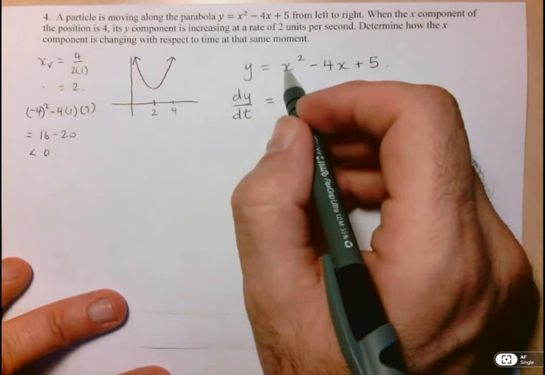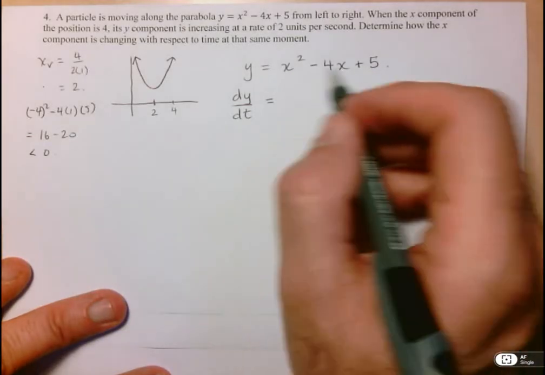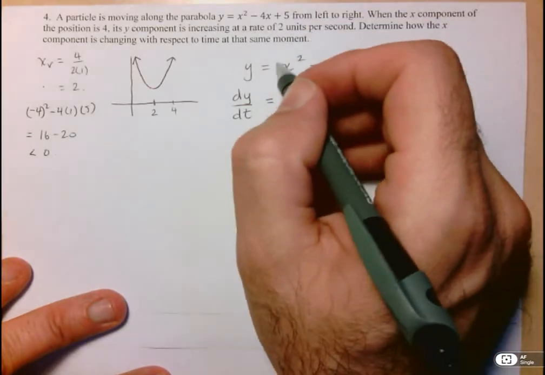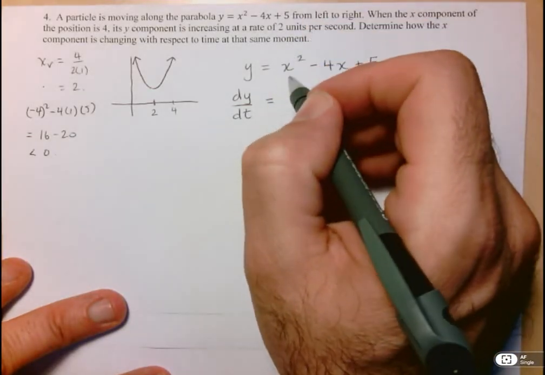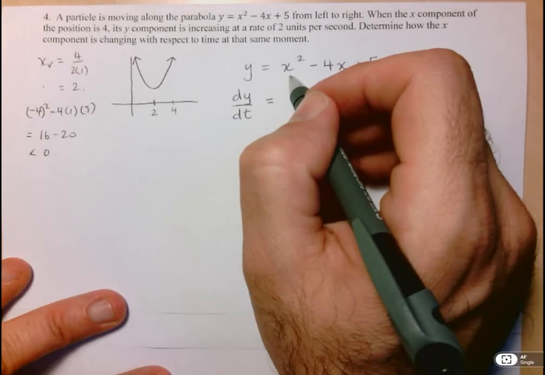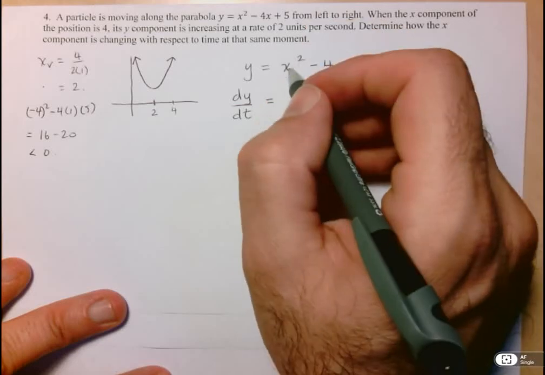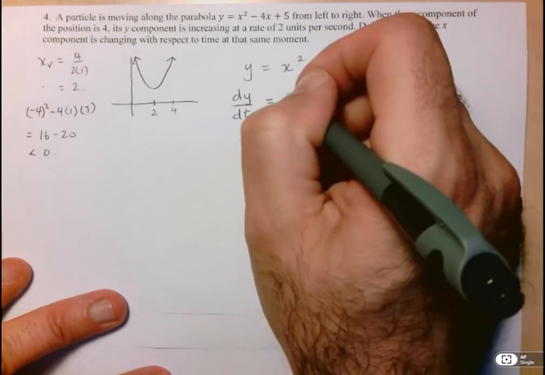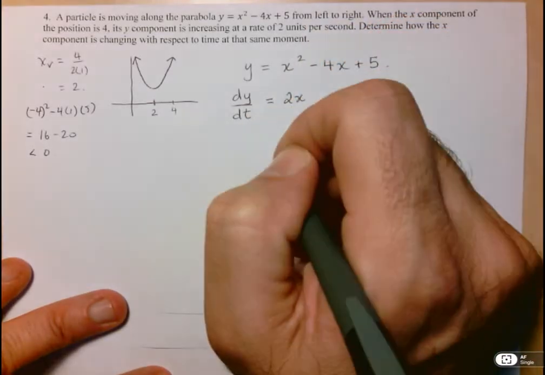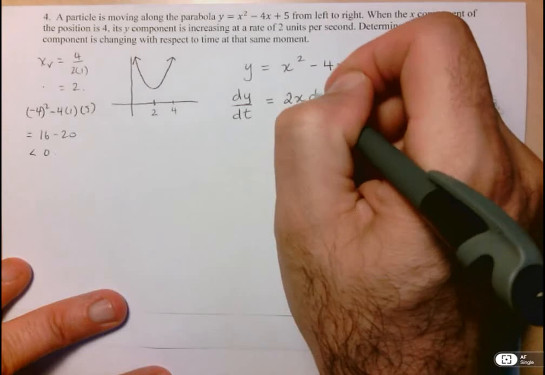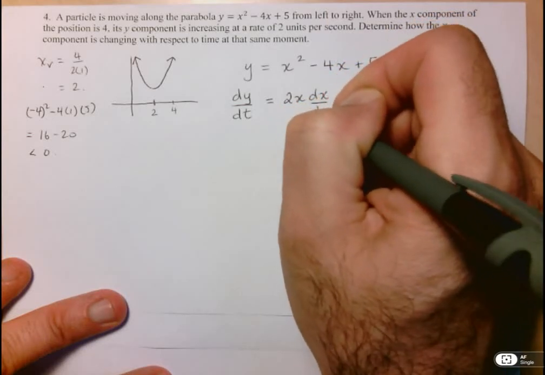When I take the derivative here with respect to time, I've got a subtraction and addition. So let me first take the derivative of x squared with respect to t. I need to use the chain rule. First I take the derivative of x squared with respect to x, which is 2x. Then I multiply that by the derivative of x with respect to t.